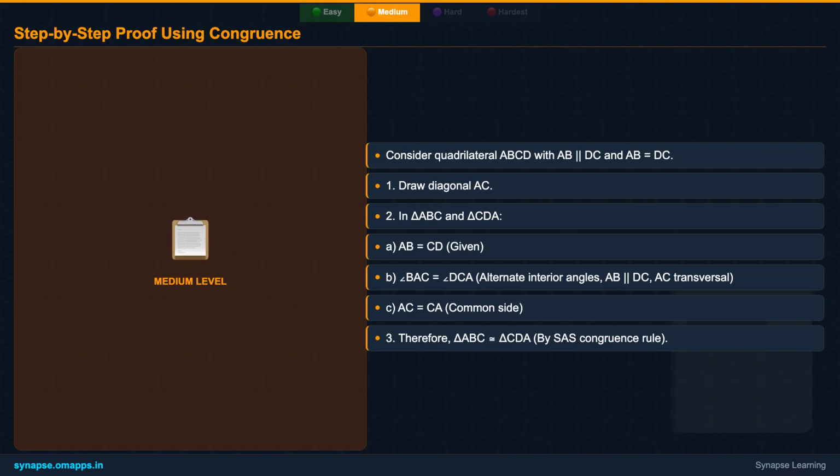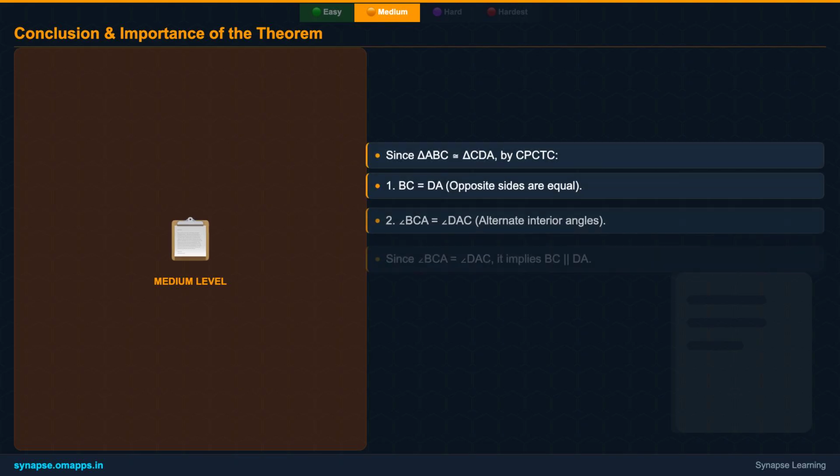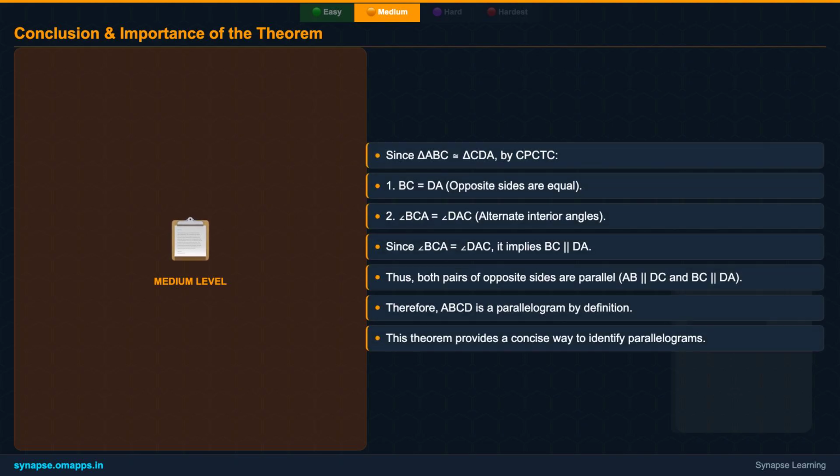And, of course, AC is a common side to both triangles. With a side, an angle, and another side, we can conclude that ABC is congruent to CDA by the SAS congruence rule.